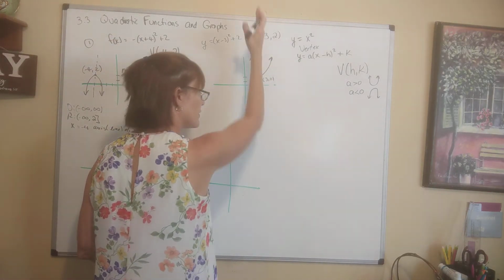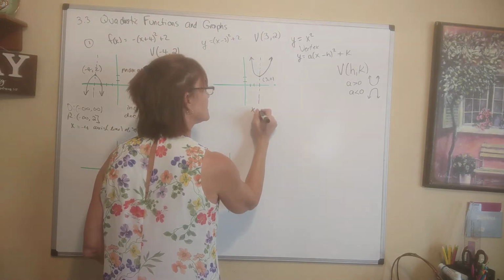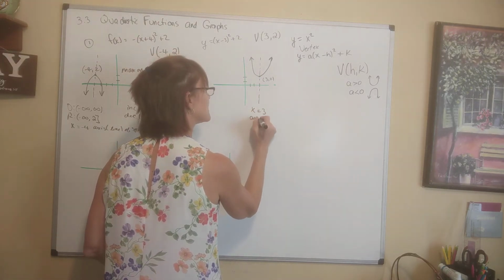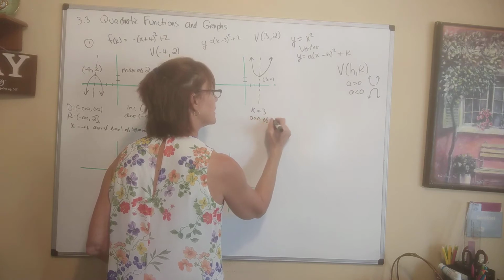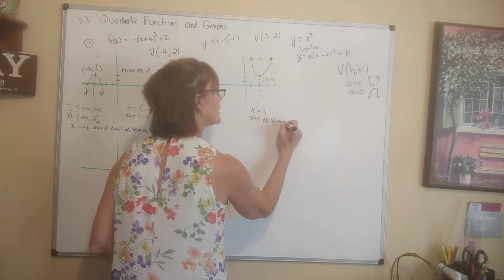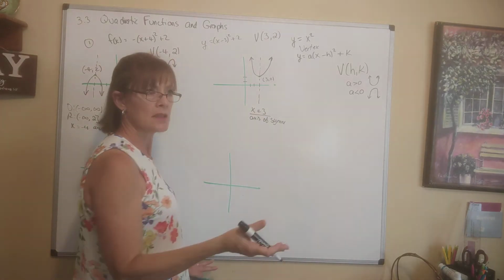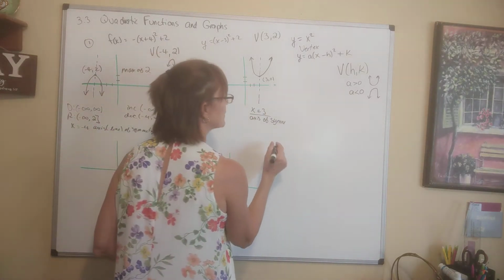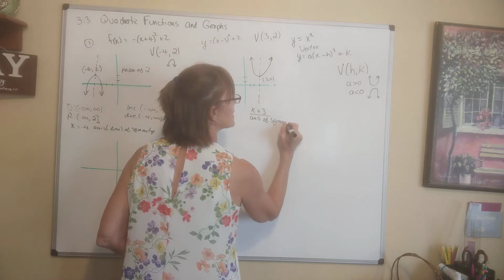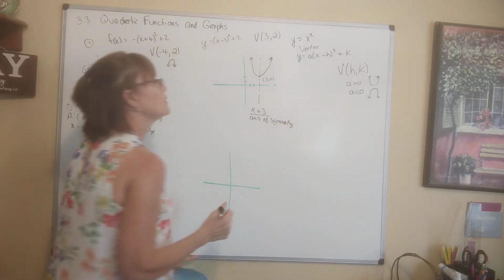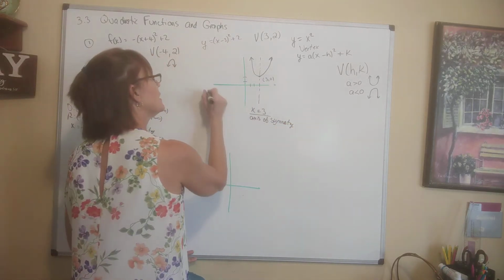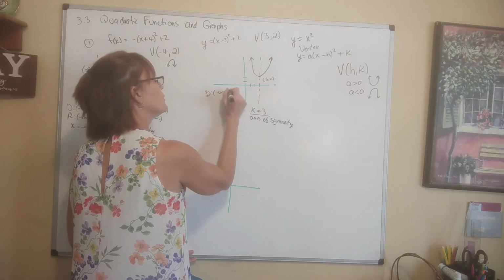Well, it's going to cut through the vertex, and x equals 3 is the axis or the line of symmetry. I will ask for the equation, so write x equals 3, not just 3, or axis equals 3. That's not good. x equals 3 is what I want to see. Okay, let's see. What's the domain? Negative infinity to positive infinity.